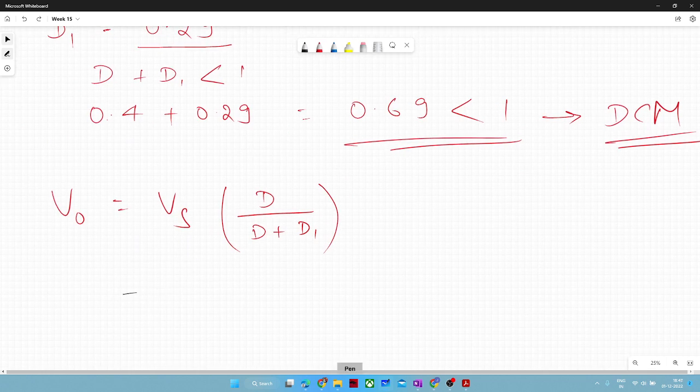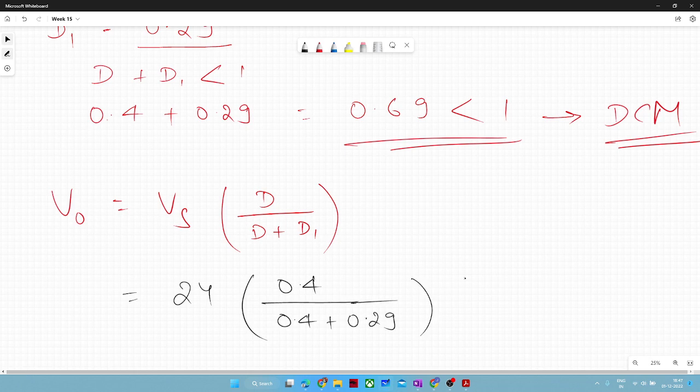Now we know the value of Vs. V naught is 24 into 0.4 divided by 0.4 plus 0.29, and that comes out to be 13.9 volt. If you had calculated with DVs, D was 0.4 and Vs was 24, so that comes out to be 7.2 volt.